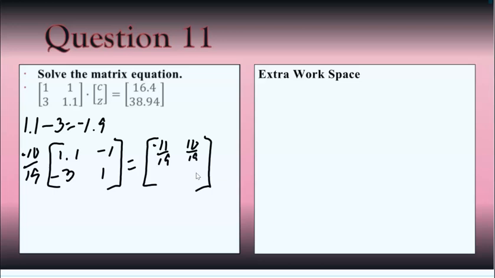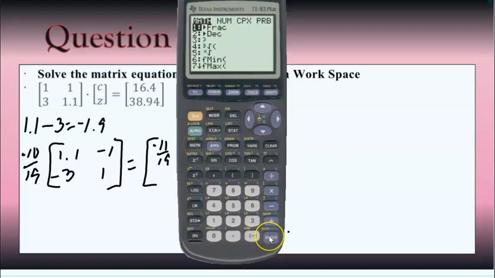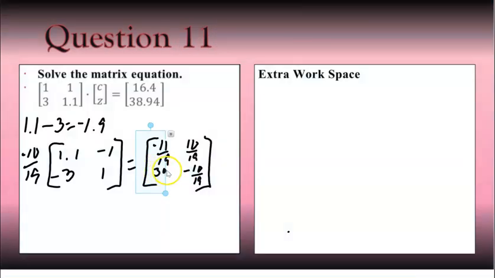And then we know this other one will be a -10/19. And now the other one, we have -10/19, and we're going to multiply that by a -3. That's going to give us a positive 30/19. So that's going to be our matrix here.